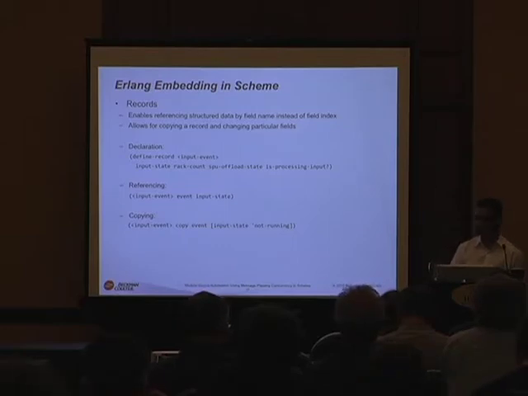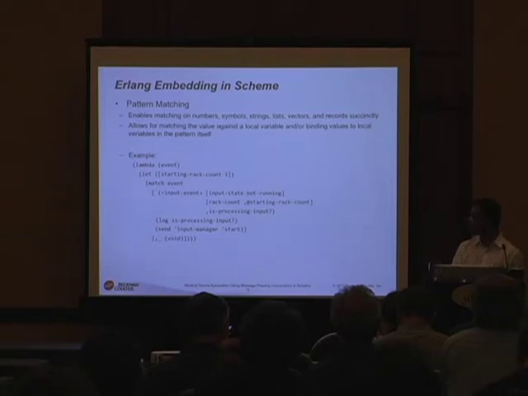Referencing is equally intuitive: you define what type of record it is, refer to the actual object, and say what field you want to refer to. Copying is similar; this would return an object where the input state field would be set to a symbol called not running.